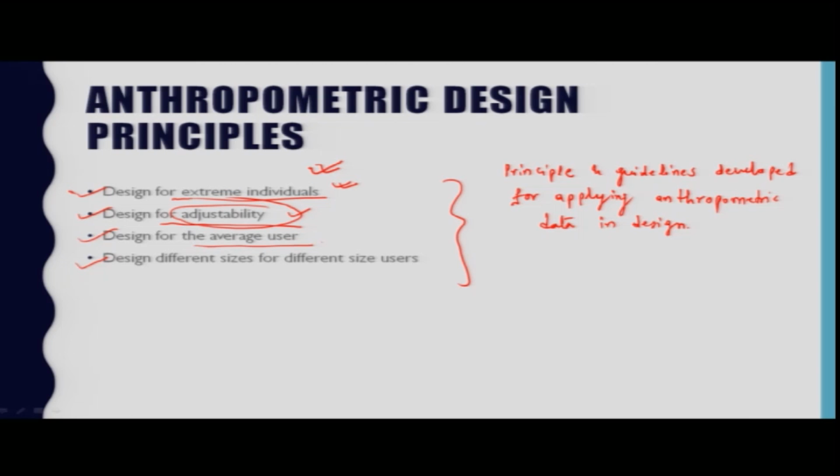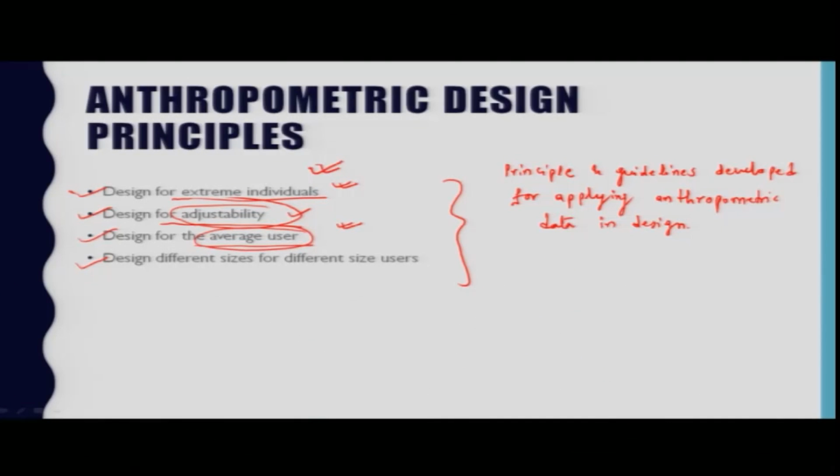As far as design for the average user is concerned, as an example you can take persons having an age of, let us say, 25 to 45, where the body posture does not change so much.